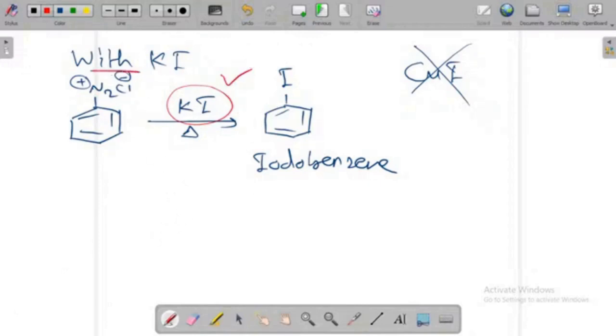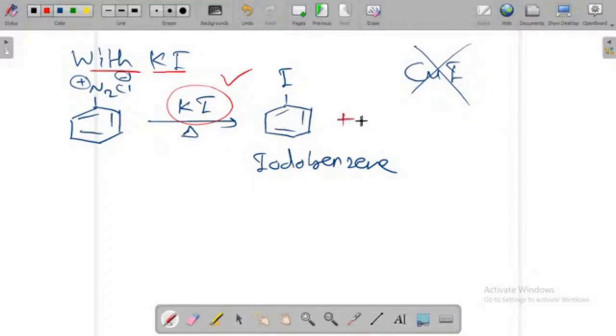Okay, done with this reaction. I think this is a simple one-line reaction. Benzene diazonium chloride on heating with potassium iodide gives iodobenzene.